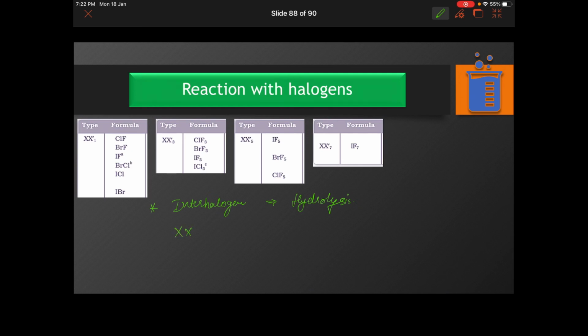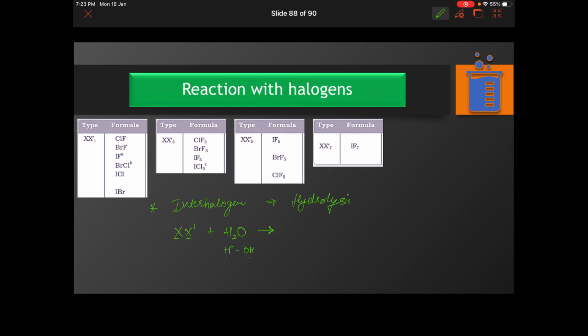So if there is an XX', for example, it reacts with water. Hydrolysis means it reacts with water, right? It reacts with water to give, please try and understand, this is very simple logic. This is H plus and this is OH minus. One of the X's over here will react with H plus and one will react with OH minus.